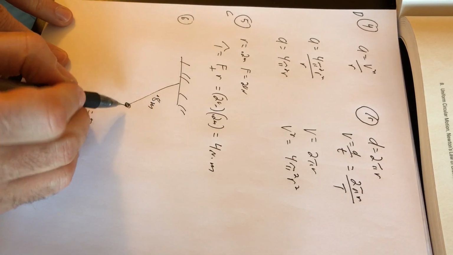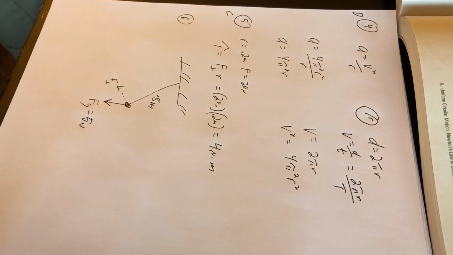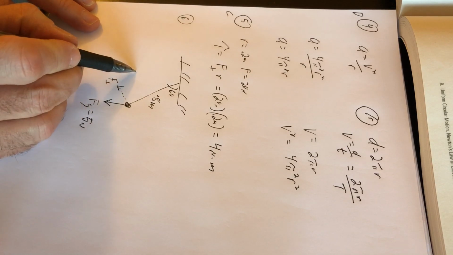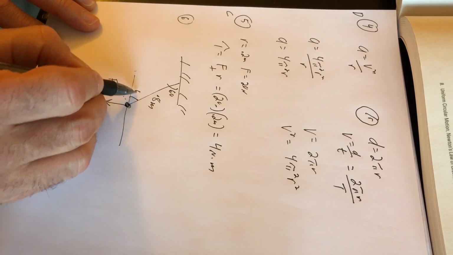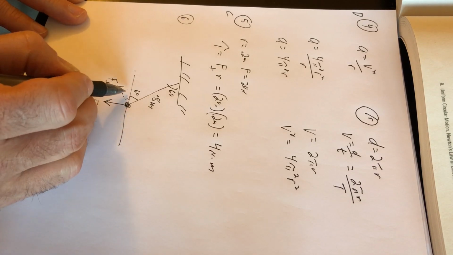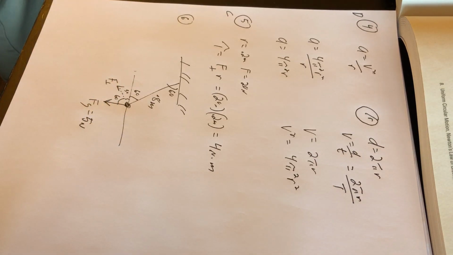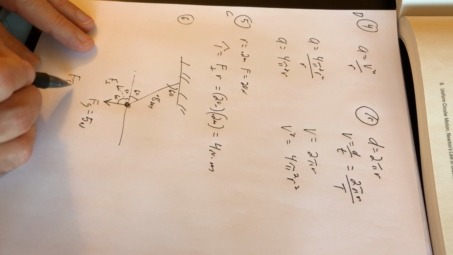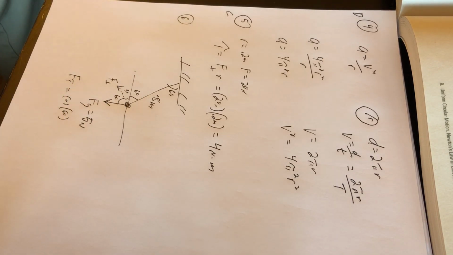But the problem is we want the perpendicular component of the force. So if this is 60, and I just draw a parallel line in, this is going to be 60 also. That means this little guy is going to be 30, and that means this one is 60. So this is the adjacent side, so the perpendicular force is going to be cosine of 60.